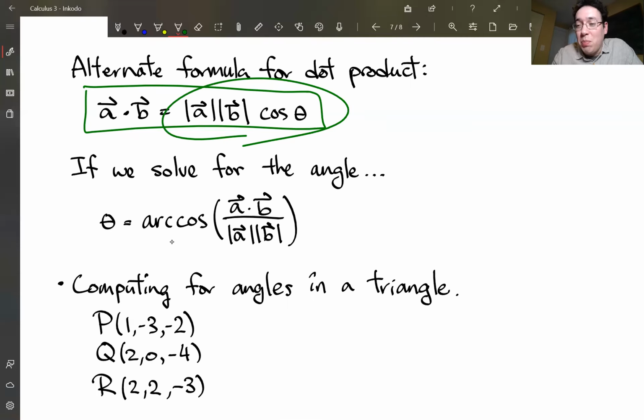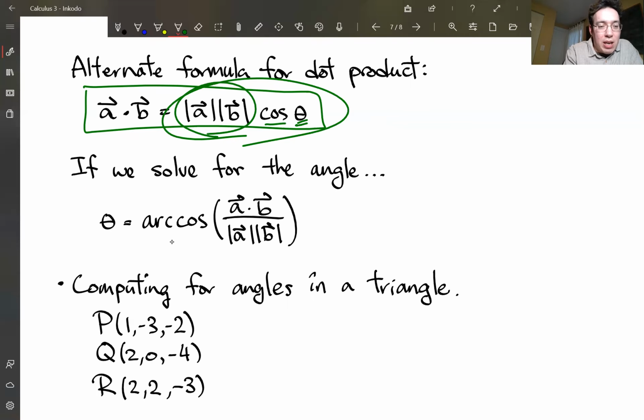If we know how to compute these things in two different ways, we could use that to come up with a new formula. So look at this dot product and solve for the angle theta instead. Okay, so divide both sides by the magnitudes and take the inverse cosine of both sides.